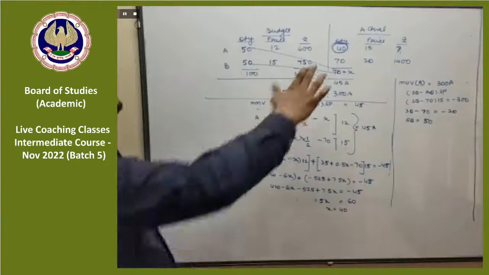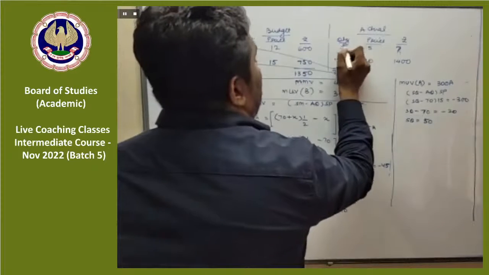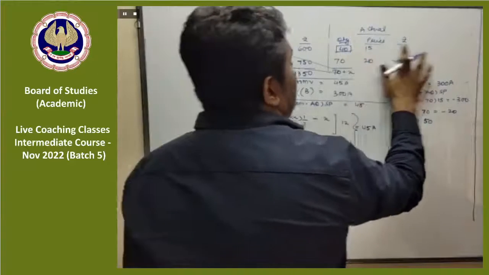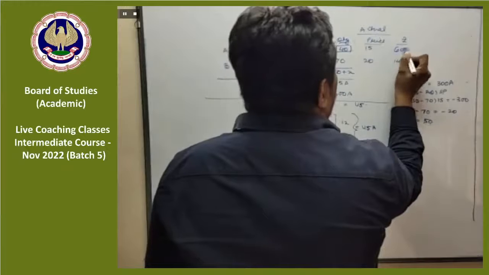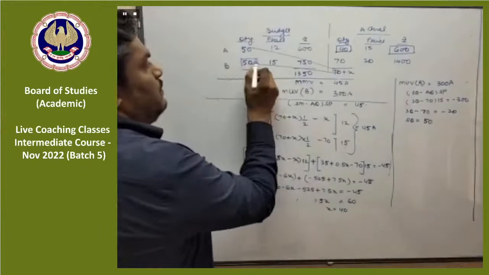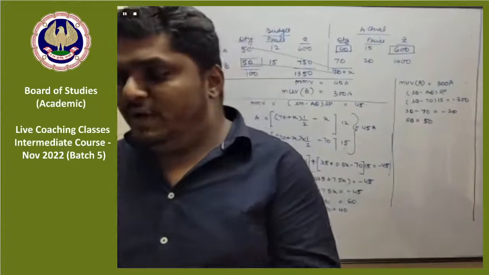So this is the final answer, that is A. The quantity of A will be 40. So 15 into 4. If you guys have any doubts in this question, you guys can ask me.